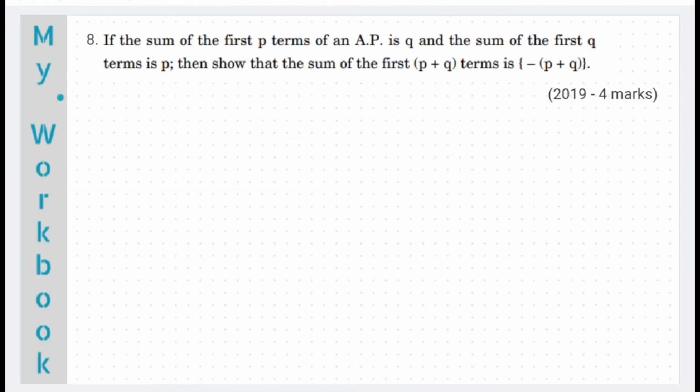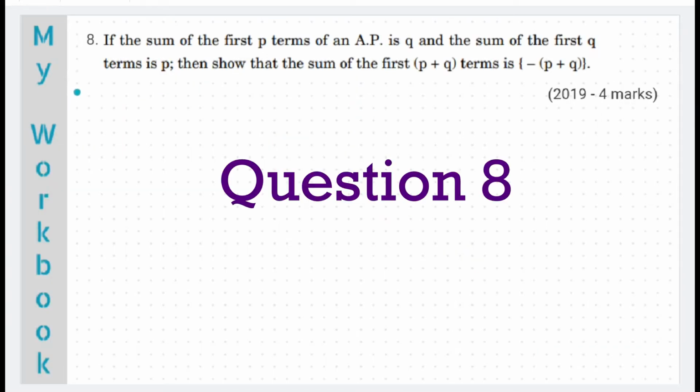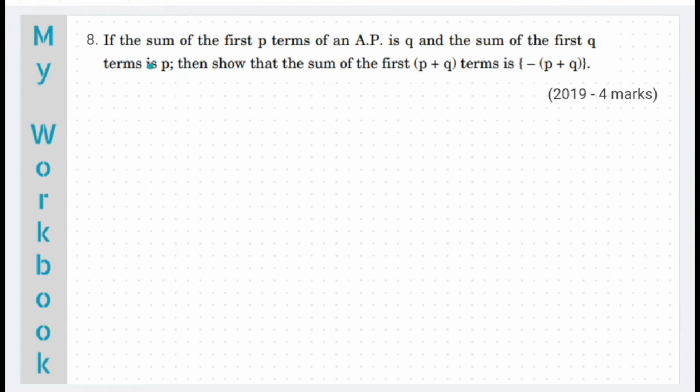Question number 8. If the sum of the first p terms of an arithmetic progression is q and the sum of the first q terms is p, then show that the sum of the first p plus q terms is minus of p plus q. 4-mark question from 2019. The first statement tells that the sum of the first p terms of the AP is q.